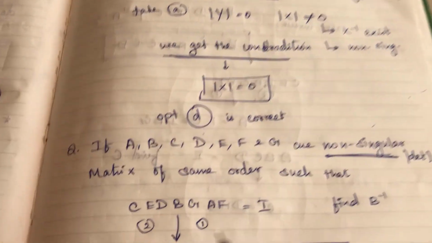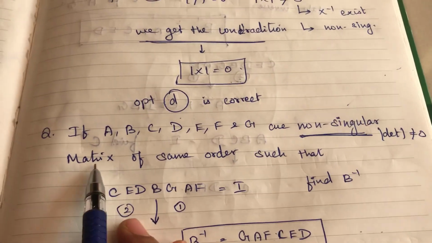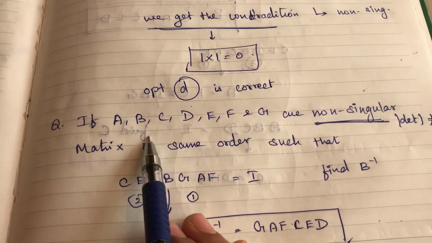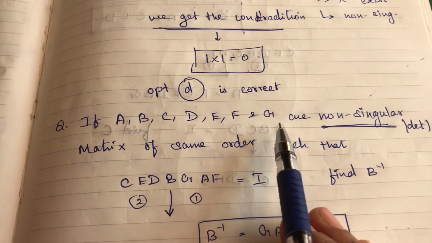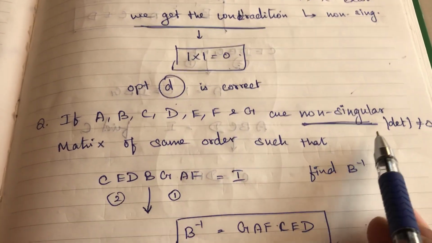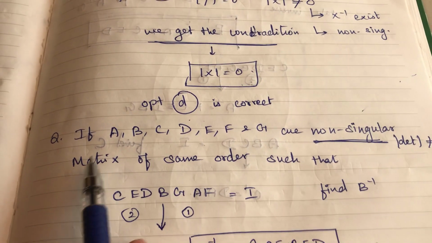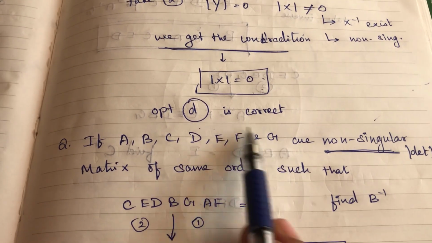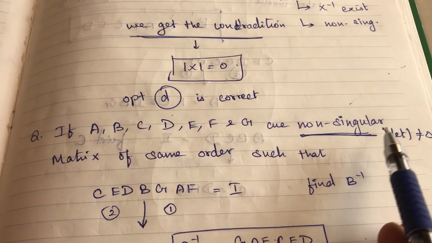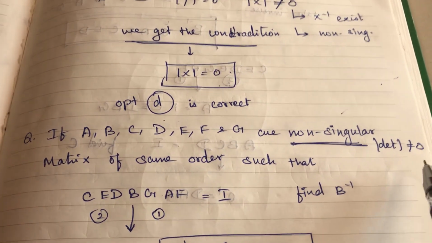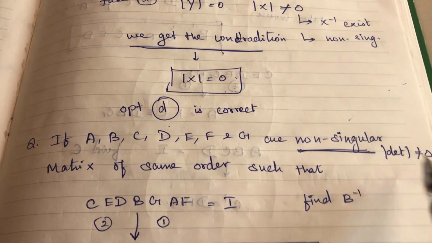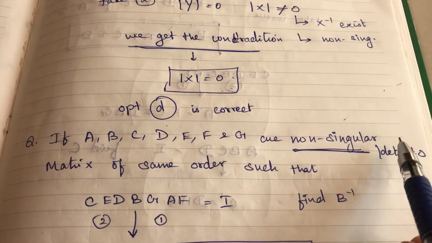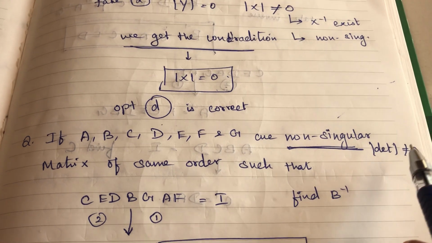Okay, let's see another sum. A, B, C, D, E, F, G are non-singular matrices of the same order. What is non-singular? The determinant value will not be equal to 0, so the inverse exists.